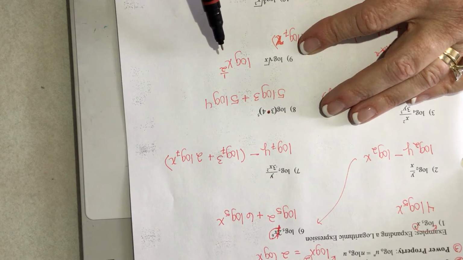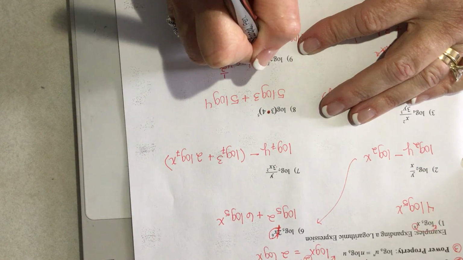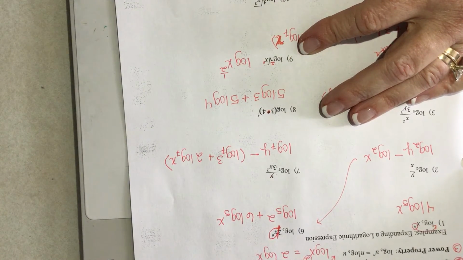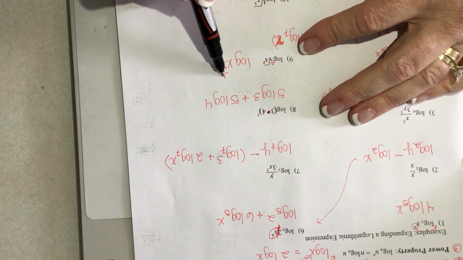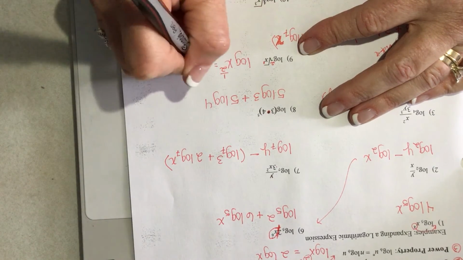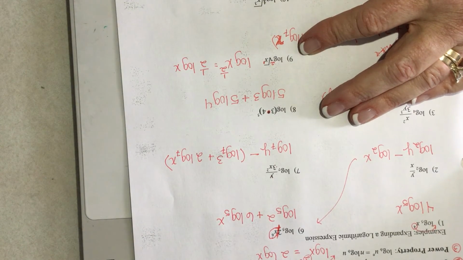You guys are the best class. X to the 1/2. The exponent of that x is the numerator of that fraction, and the root is the denominator. Okay? So I'm going to have to bring that out in front. So 1/2 log x is how I would write that.